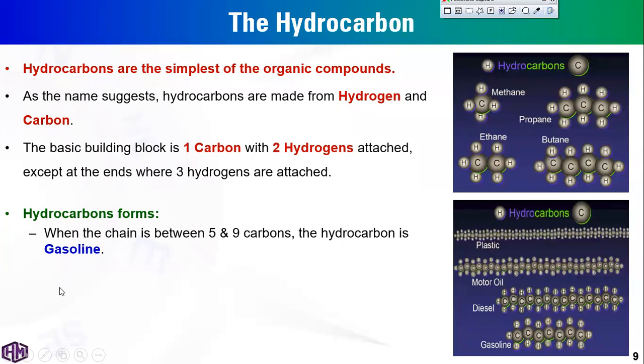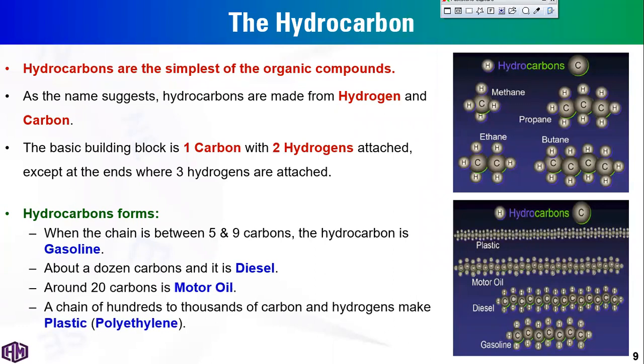For other forms, a chain between 5 and 9 carbons gives gasoline. A dozen carbons gives diesel, and so on. So based on the number of carbon atoms, we have different forms of hydrocarbons. With hundreds or even thousands of carbon and hydrogen atoms, we have plastics or polyethylene and so on.